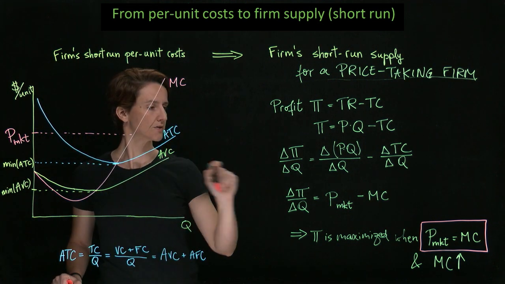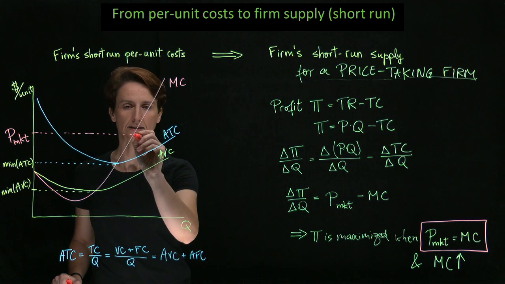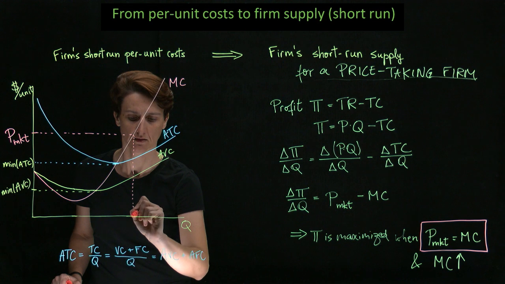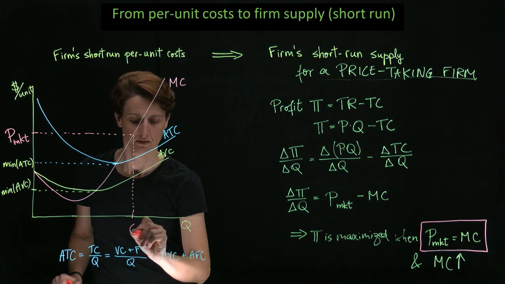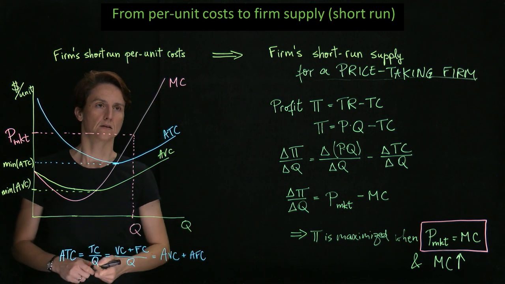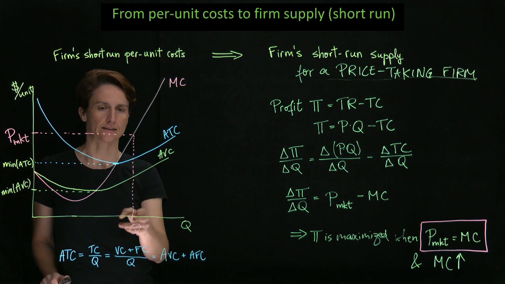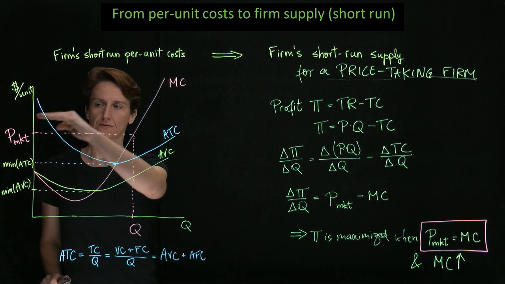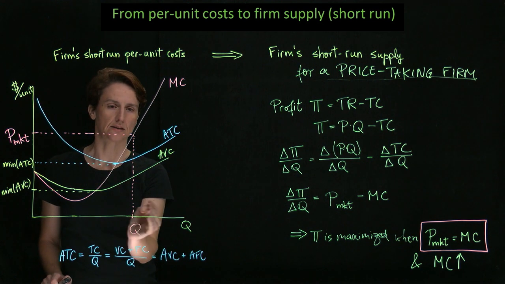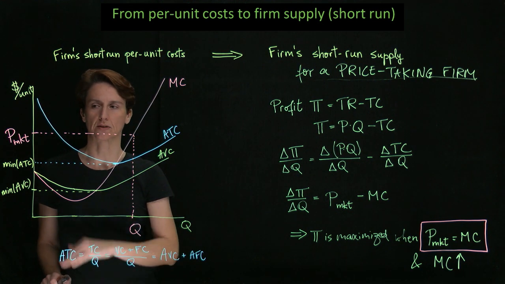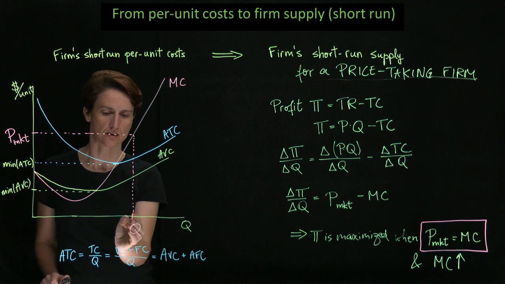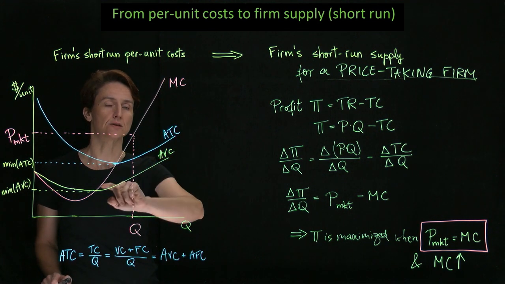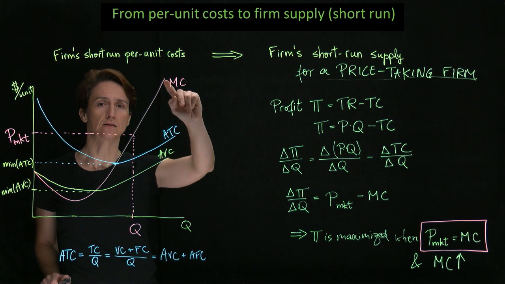Then the firm's output level will be decided in such a way that marginal cost at that level equals price in the market. If price in the market were to increase, then output of the firm will also increase. If price in the market decreases, then the quantity supplied by the firm also decreases. In other words, the marginal cost curve is the supply curve.